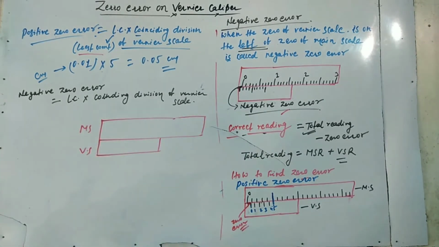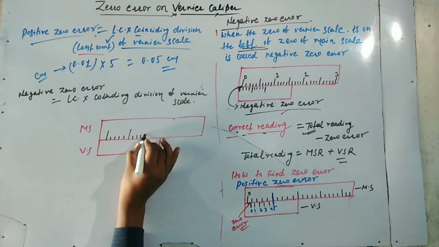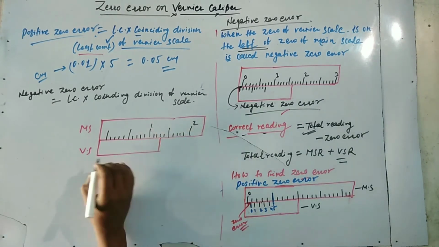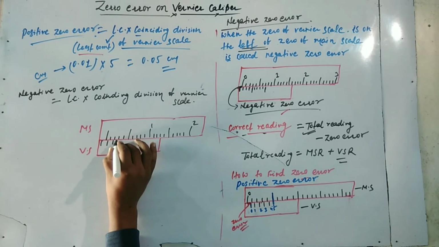Now for this scale we will find the negative zero error. So the vernier scale zero will be left side of the main scale, and this gap is negative zero error.